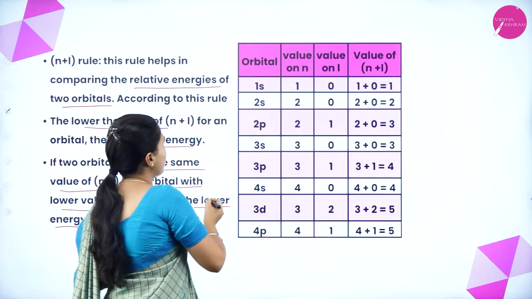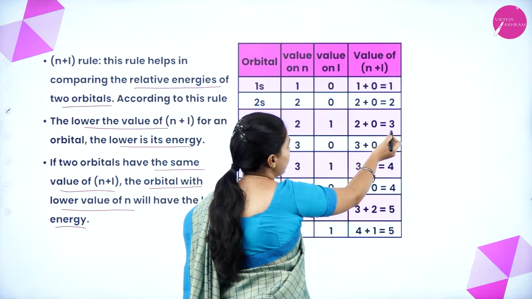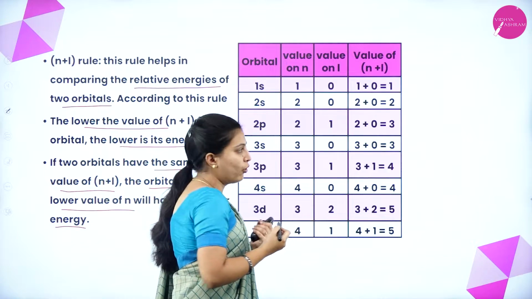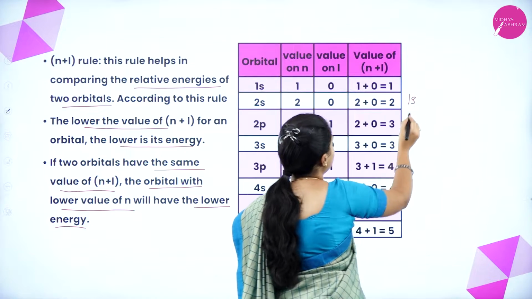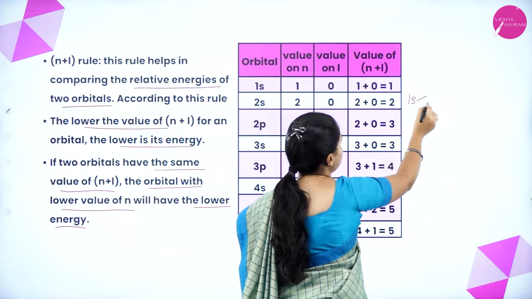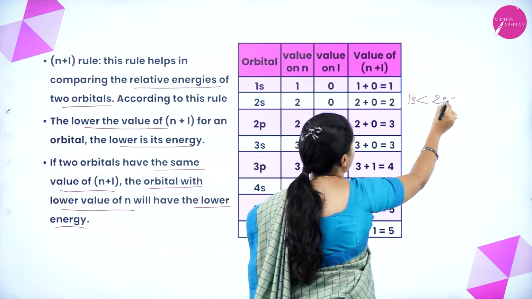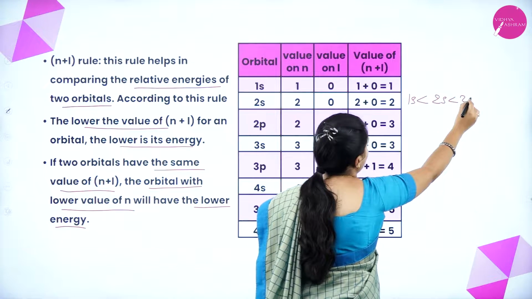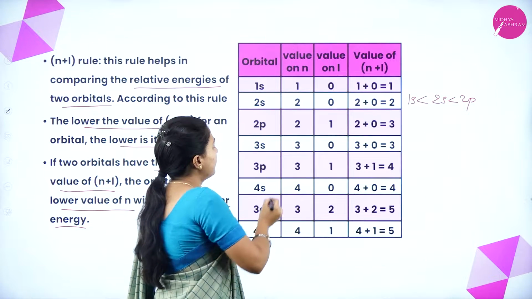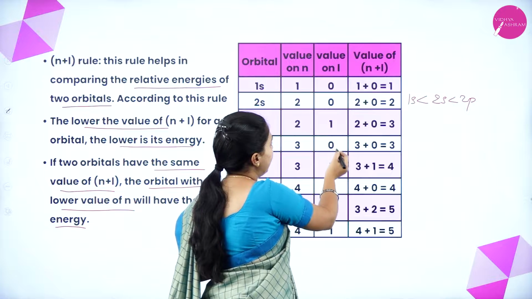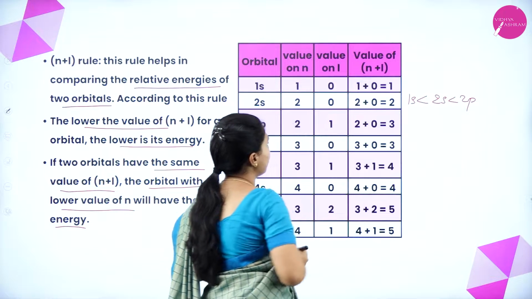While comparing these, the n plus L value of 2s and 2p is more than that of 1s. So 1s has the least energy, then 2s and 2p. See here, 3s: n equal to 3, L equal to 0, 3 plus 0 is 3.